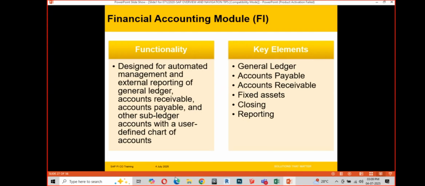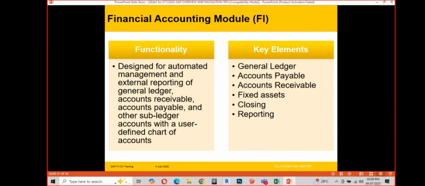Now, whenever we talk about a business, every business entity, once it gets recognized as a legal entity, must report its financial results to the governmental body. How does it do this? By means of its financial statements, like your balance sheet, your trial balance, profit and loss accounts.